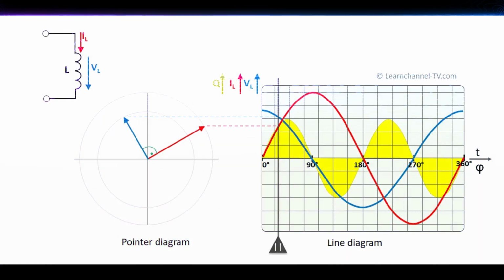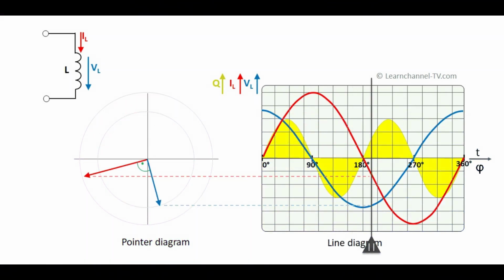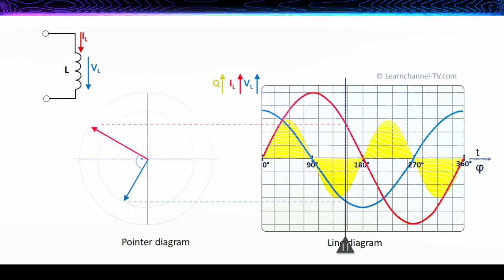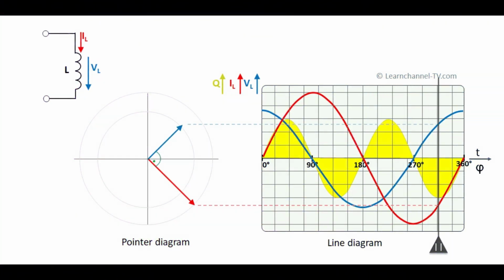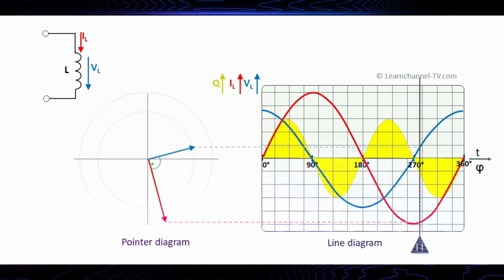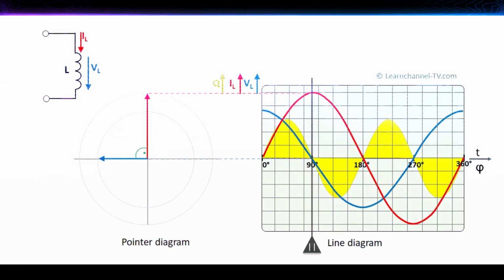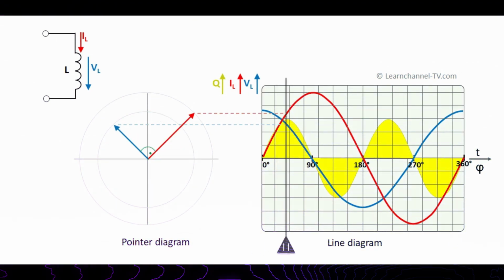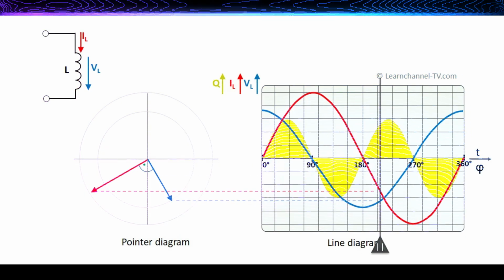The amount of induced voltage is proportional to the rate of change of current. An inductor opposes the change of current. Therefore, the magnetic field continually increases, decreases, and reverses polarity.